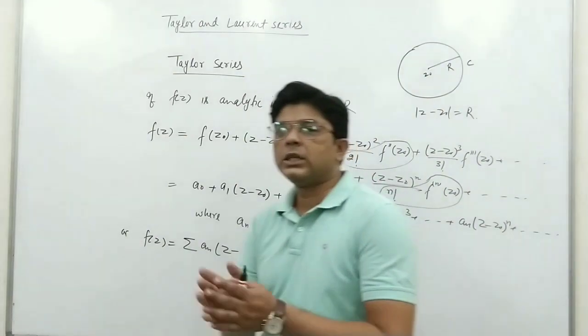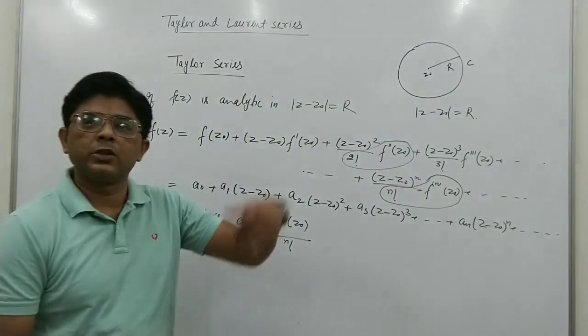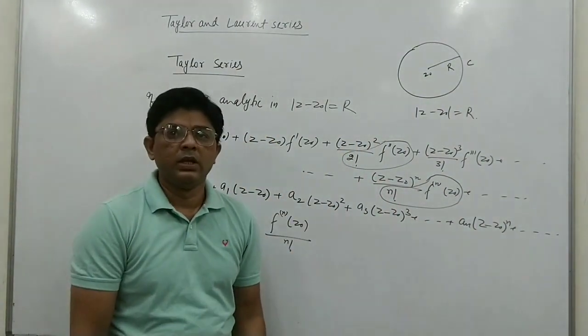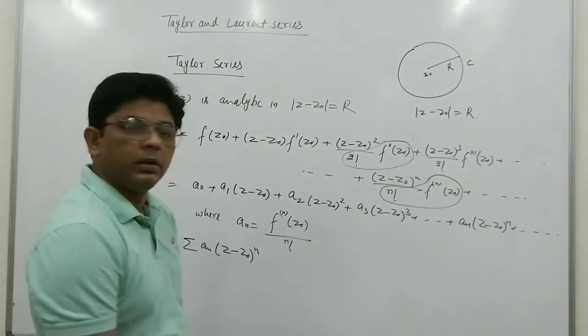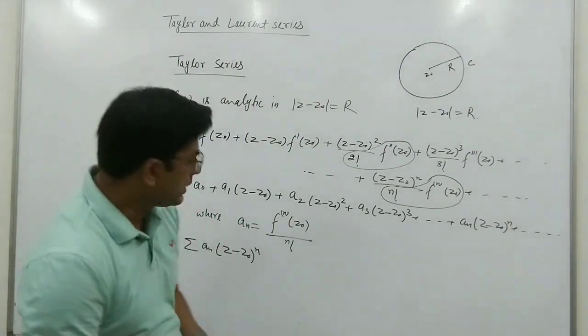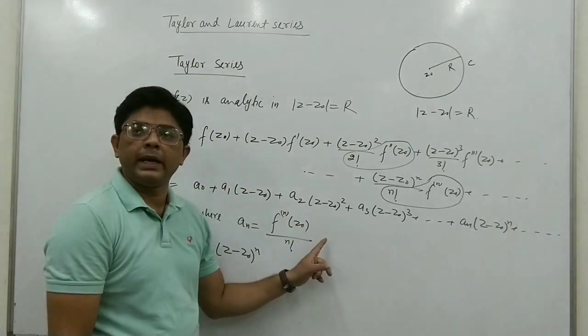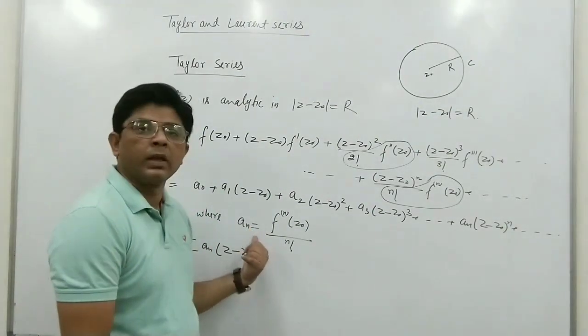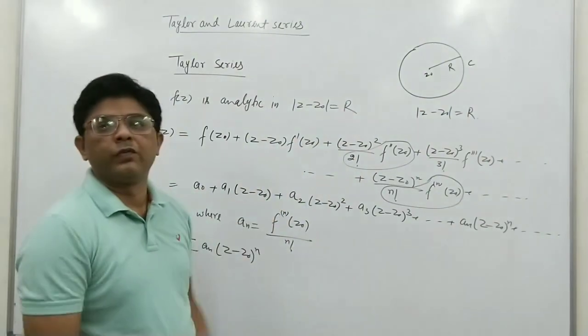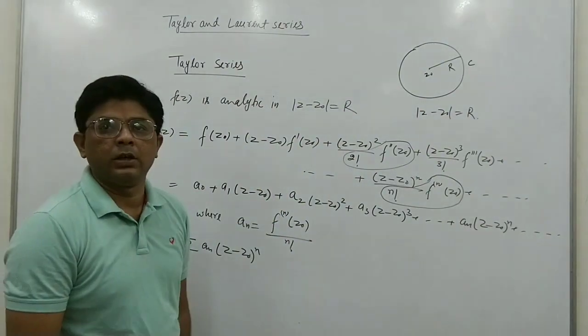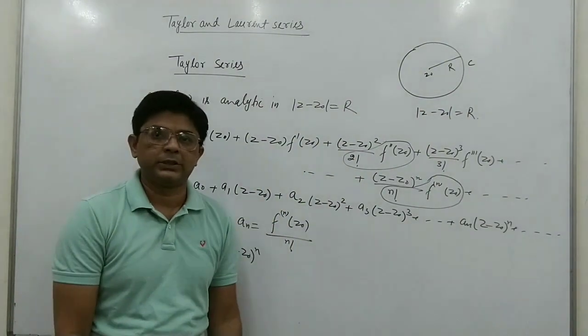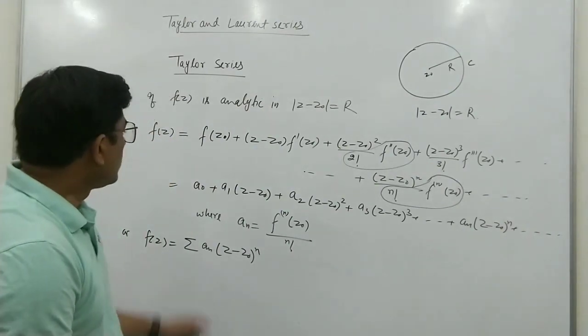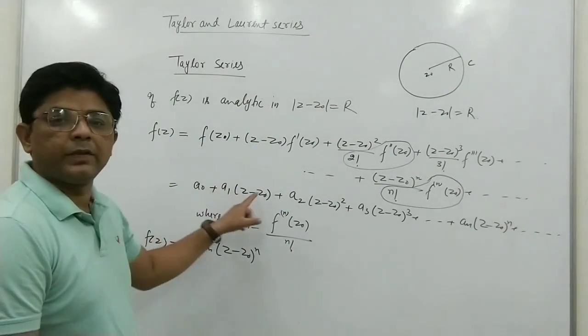So this series is similar to the case of real variables. Whenever we have a real function of x, then we have the nth derivative at some x0 upon n factorial. We can find these an, and then we put them in the series to find the series of the function. Similarly, in the case of complex variables we can find this series.